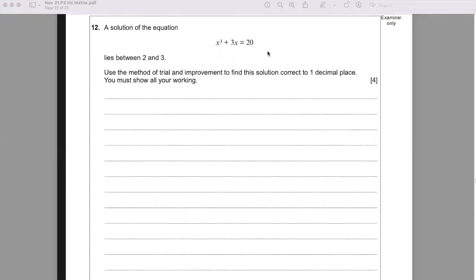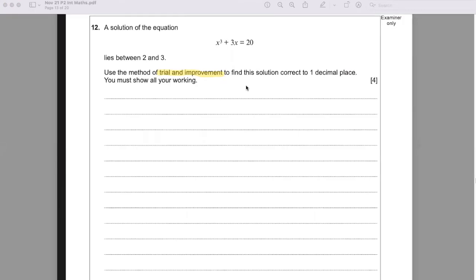Now, I suggest that if you haven't done this topic before, go away and look up trial and improvement and have a go at them first, because this topic will definitely be in your calculator paper. It's one of the topics that always comes, and it doesn't change at all.